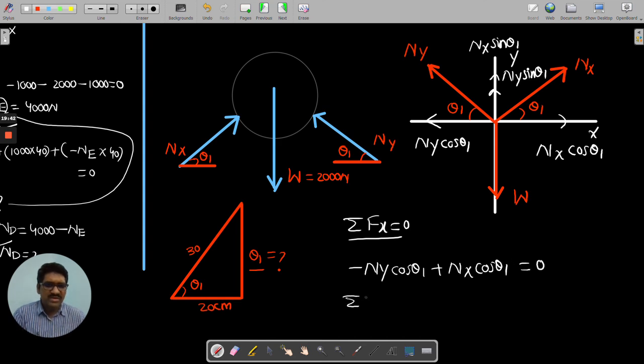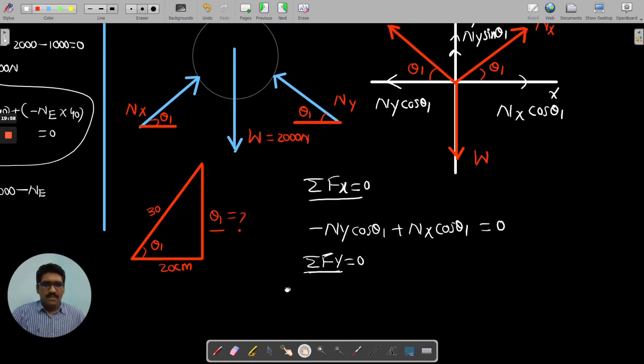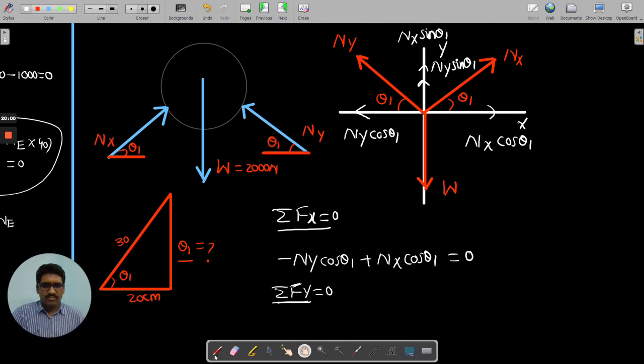Now I am going for summation of Fy is equal to 0. Okay, Fy is equal to 0 we have. nx sin theta 1.